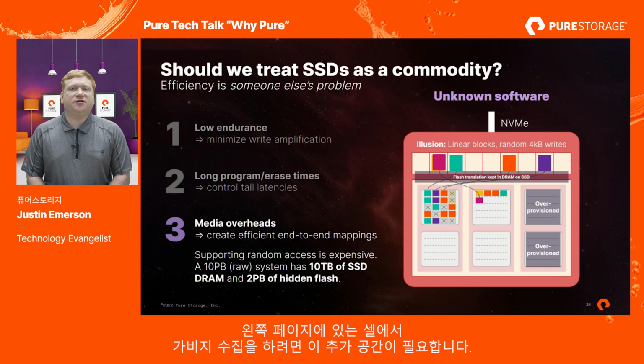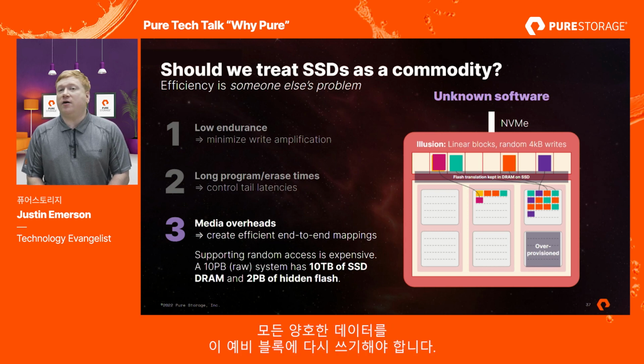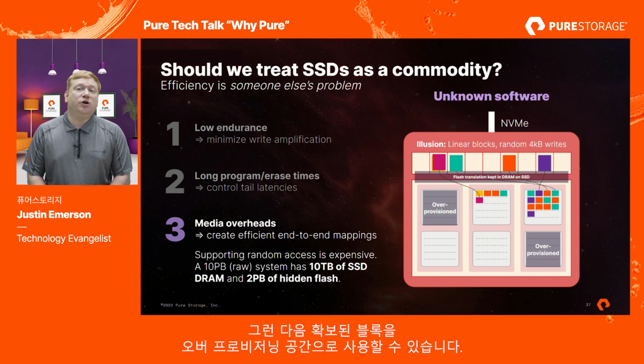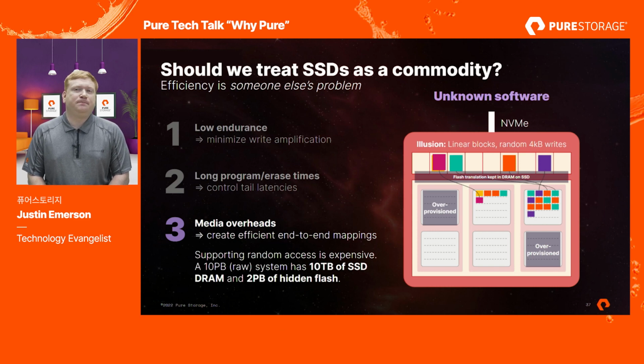And you need this extra space because if you want to garbage collect that cell on the left, or that page on the left, you have to rewrite all of the good data into these spare blocks, and then you can use that block that you just freed up as more over-provisioned space.